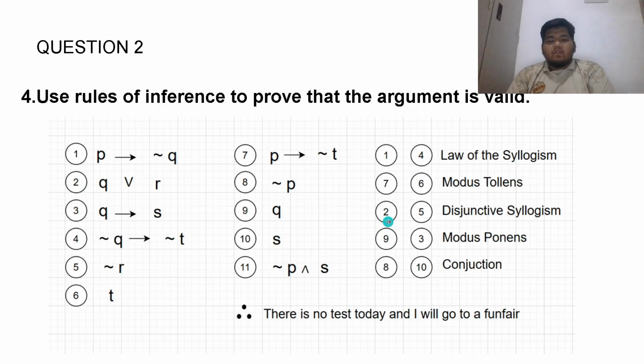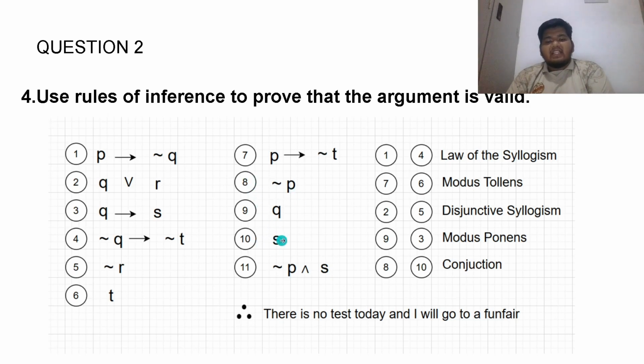Now next, combining 2, which is Q or R, and 5, which is not R, we can get Q using disjunctive syllogism. Now next, by combining 9, which is Q from earlier, and 3, which is Q if and only if S, by using modus ponens, we can get S. Now, from what's left, we still have 8 and 10.